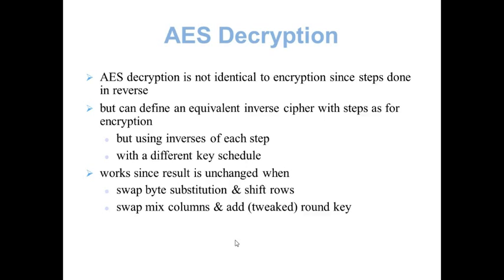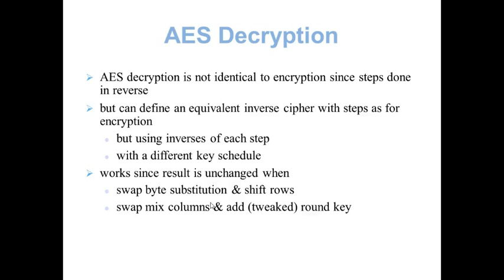However, there is an equivalent version of the decryption algorithm that has the same structure as the encryption algorithm, with the same sequence of transformations, with transformations replaced by their inversions.